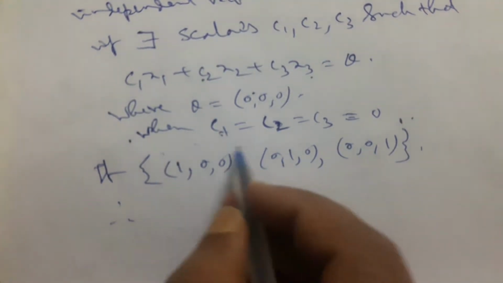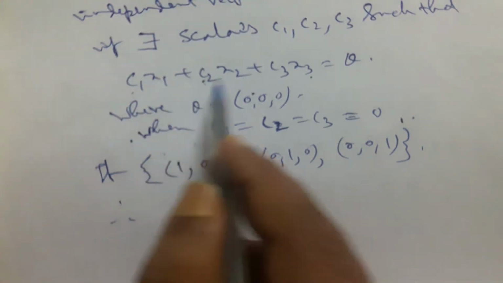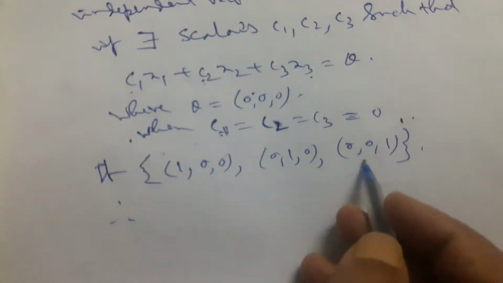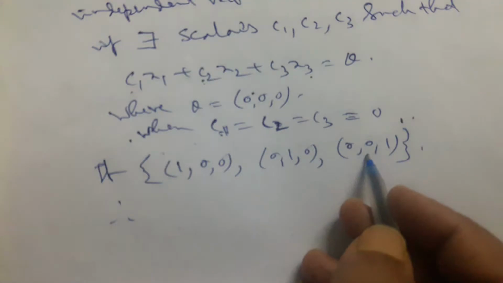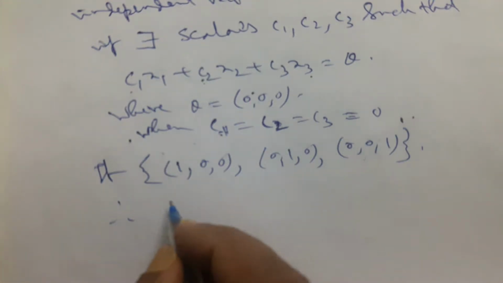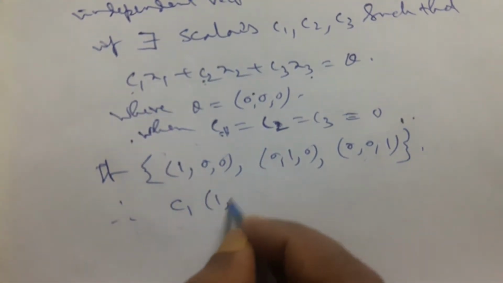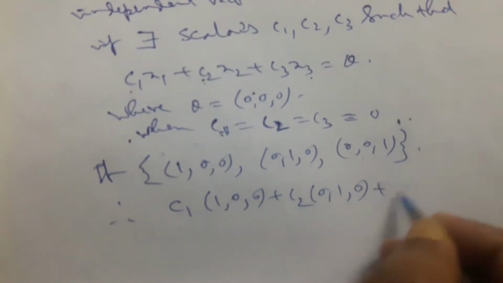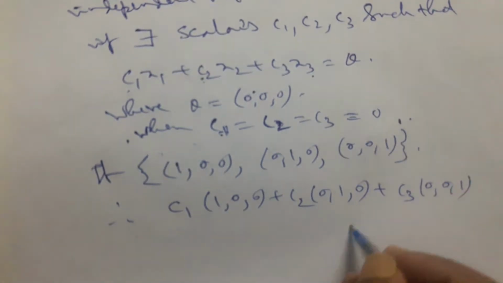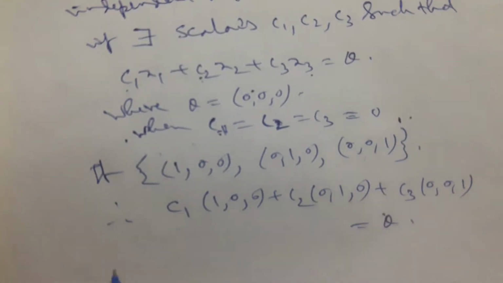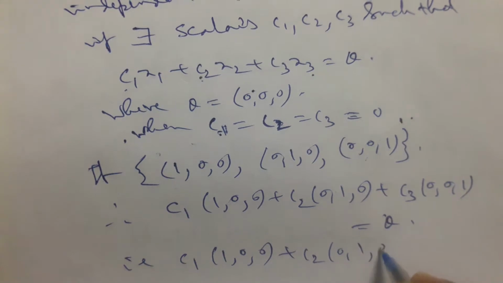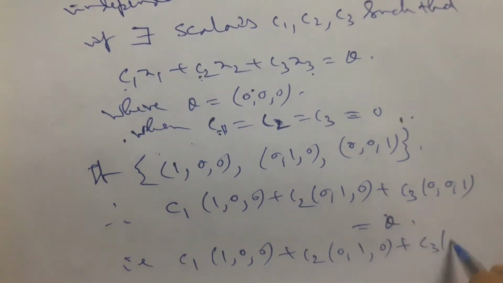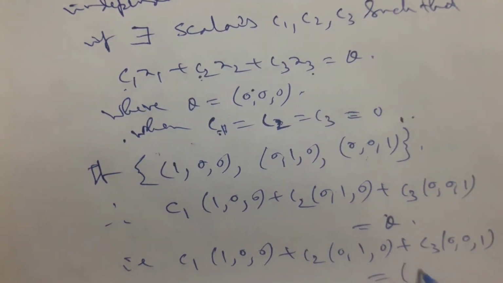Therefore, we test it. If these three scalars c1, c2, c3 are all 0, none of them non-zero, then we declare it as linearly independent vectors. Then c1 into 1 0 0 plus c2 into 0 1 0 plus c3 into 0 0 1, if we compare with theta, is equal to 0 0 0.